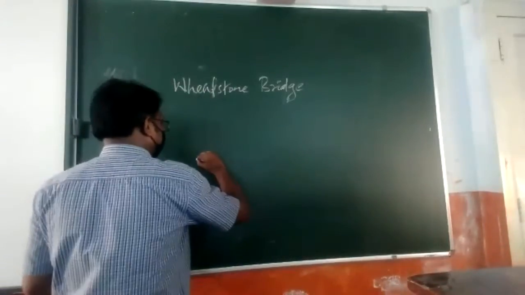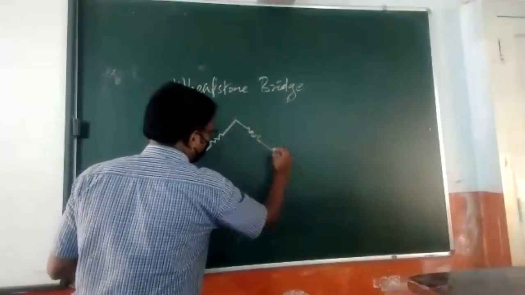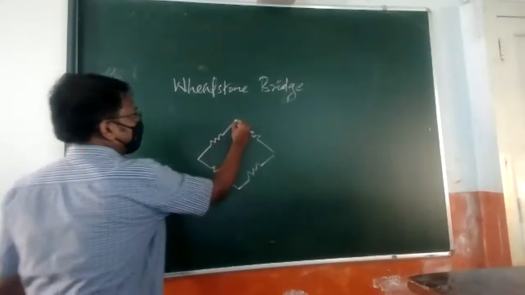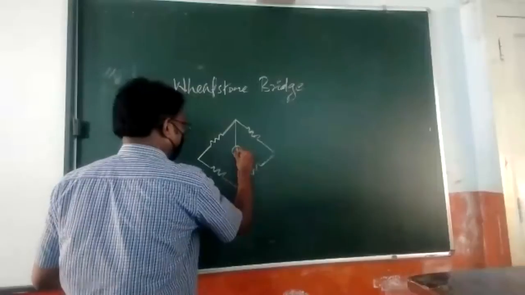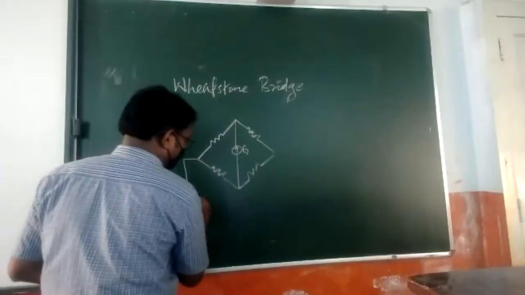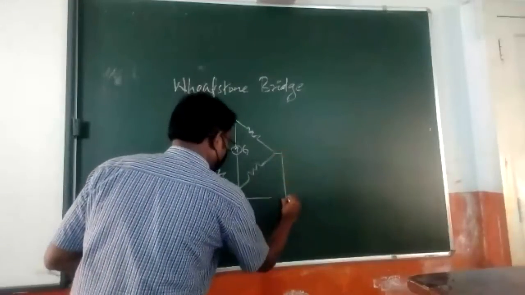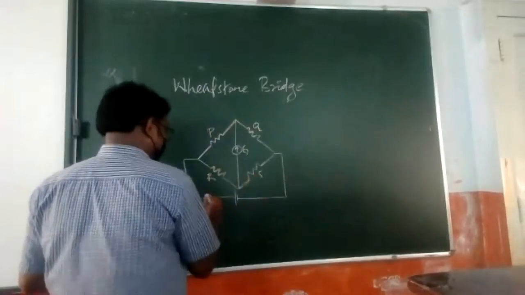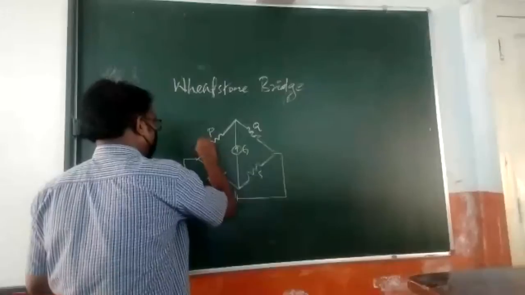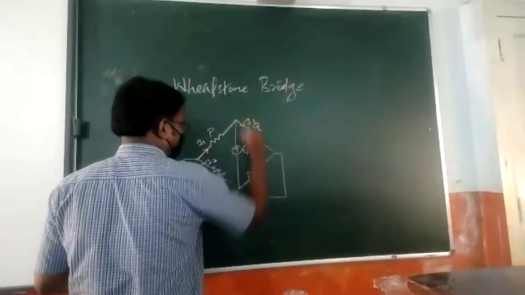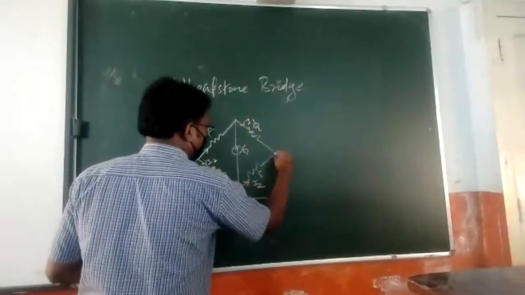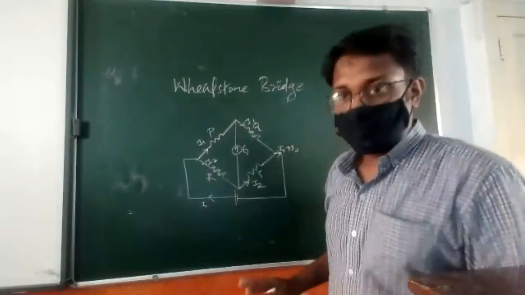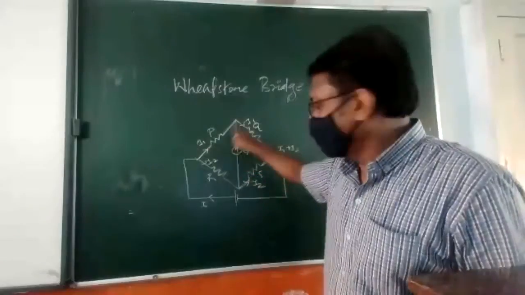Okay, then you make this diagram. Here, 4 resistors P, Q, R, S are connected as shown in the figure.